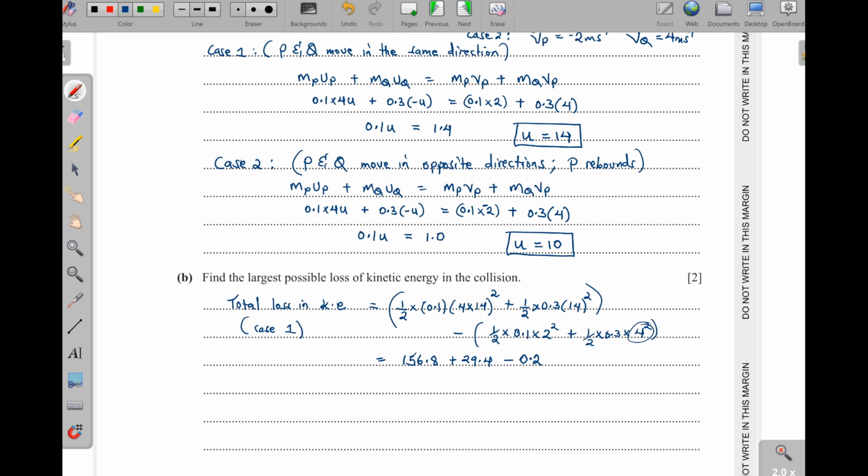And then this is 16, divide by 2, that will be 8. 8 times 0.3, that will be 2.4.